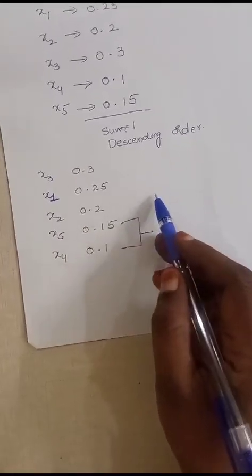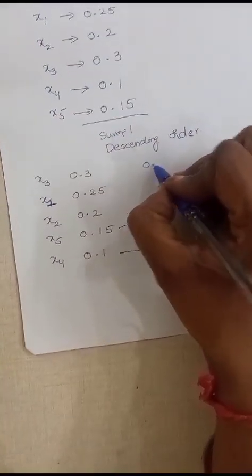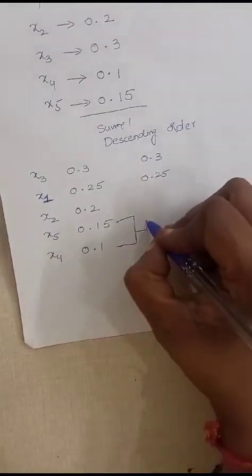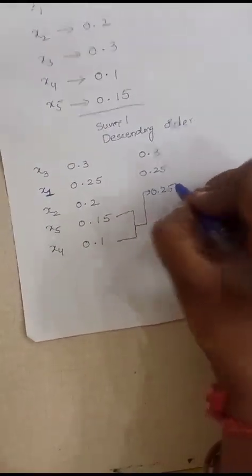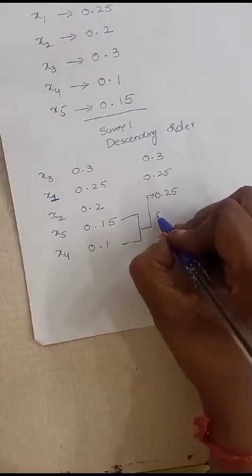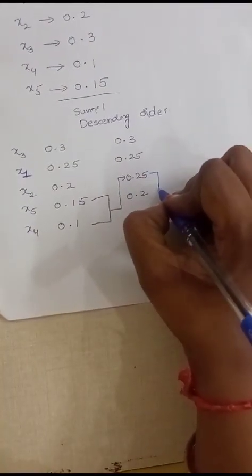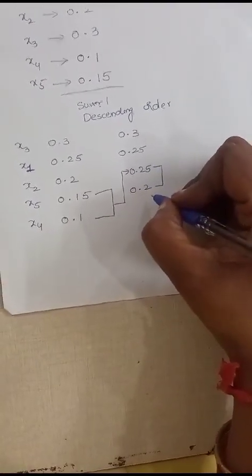We can choose 0.25 at the bottom of this x1, so that the top order is 0.3, 0.25, and the sum of these probabilities, which is 0.25, occupies the third place, and the next probability is 0.2. Now in the second stage, again if we add the last two probabilities, their sum is 0.45, which is greater than all these probabilities.